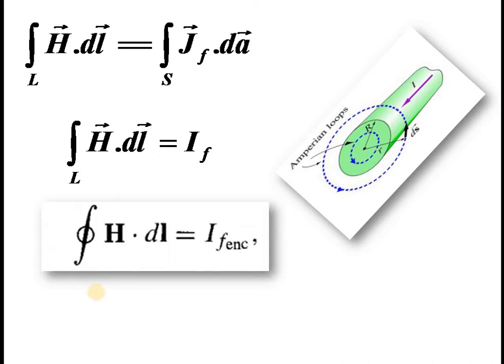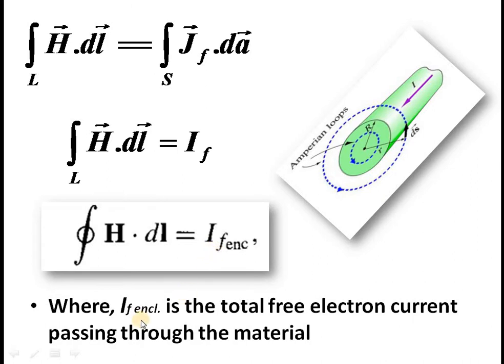Understand? So this is a more suitable form. Closed line integral H dot dl equal to free current, or more clearly, free enclosed current. IF enclosed is the total free electron current passing through the material. For visualization, you can take this figure. This is the closed line.